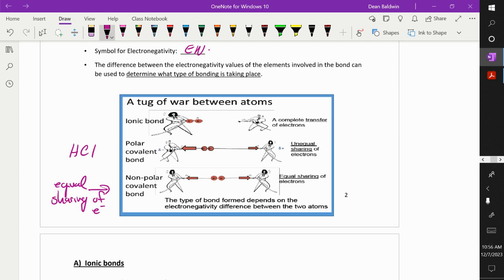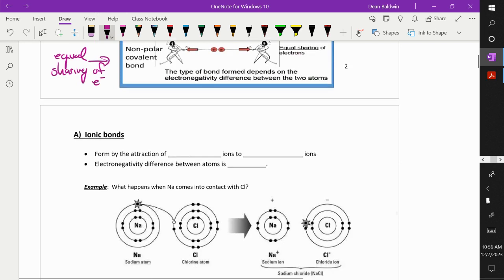Which is more electronegative? Chlorine. Chlorine's going to pull electron density, so the electron density would be closer to chlorine than to hydrogen. Even that's not a great example. Doesn't matter. So polar covalent is unequal sharing of electrons. One is pulling the electron density more towards it, so you get a charge separation.